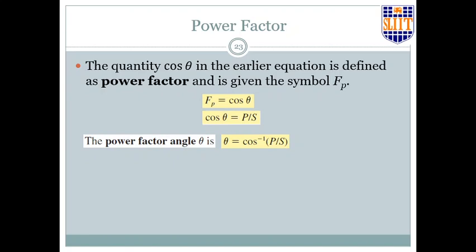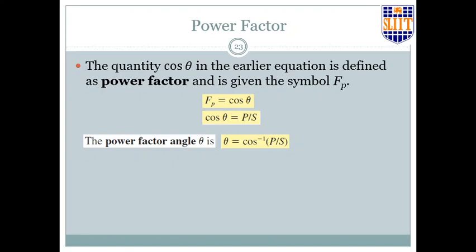Now, what is the power factor? You have to give an input, which is the apparent power. We have to give an amount of S to the device, but you can get only P worth of real power out of it.